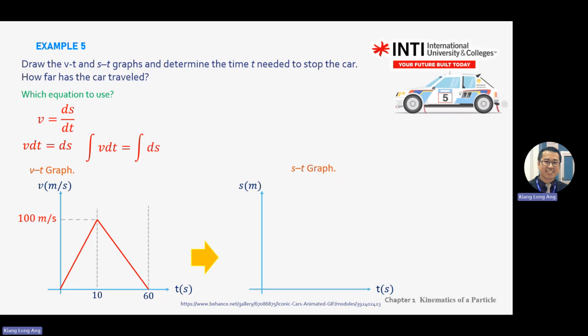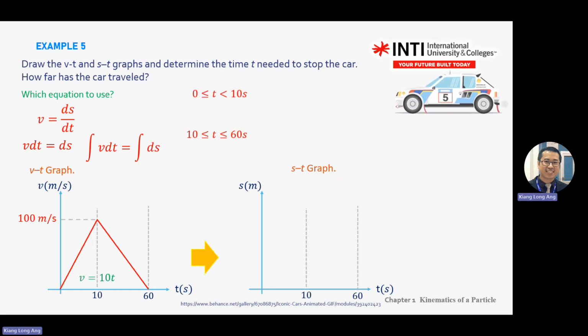It can be linear, it can be quadratic, it can be polynomial. So that is the concept that once you understand, then you can do any kind of question in chapter 1.